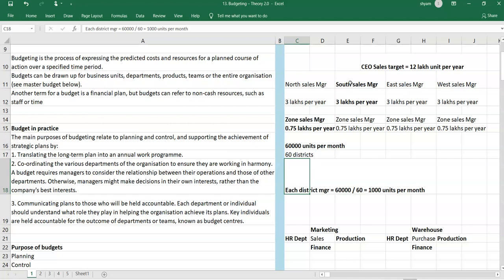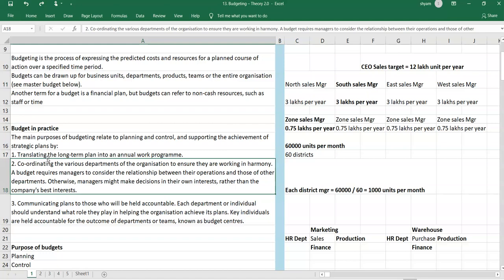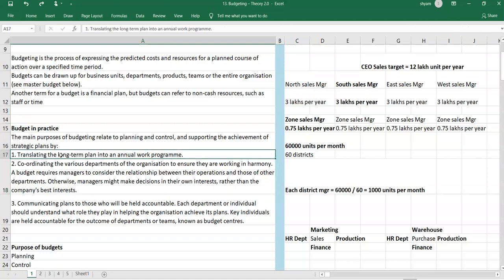For example, if the north sales manager is unable to sell, he would be thrown out of the job, and a new person would be appointed as north sales manager. Only when we set a target will we know who is performing, who is not performing, and who is just hanging in that place, just meeting the target. Like that, we can easily find it out. So that's about translating the long-term plan into annual workable programs.